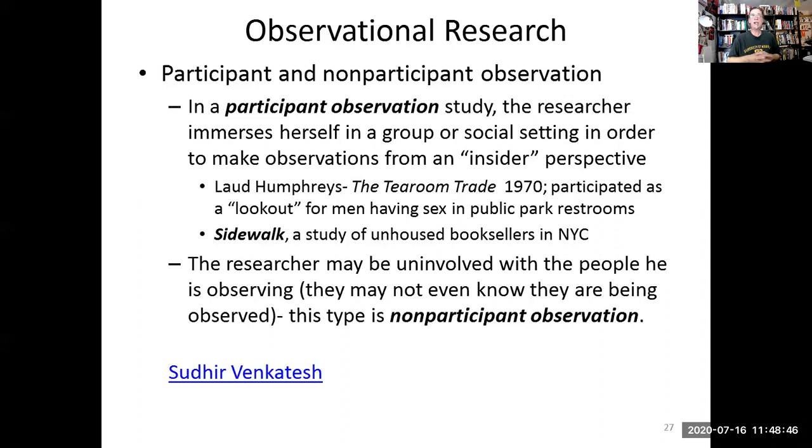People knew nothing about the lives of homosexual men in 1970, for the most part in St. Louis, Missouri. The image of someone who would be doing these things in a public restroom would not be very favorable in the public image, I would say.